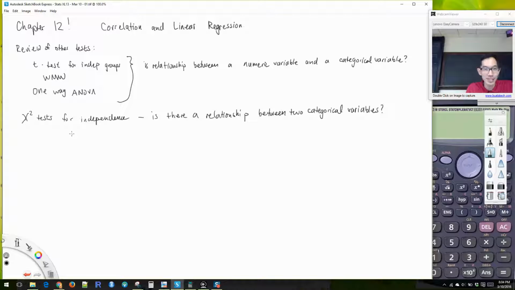And then lastly, today we're going to cover correlation and linear regression. And this asks, is there a relationship? What do you think?